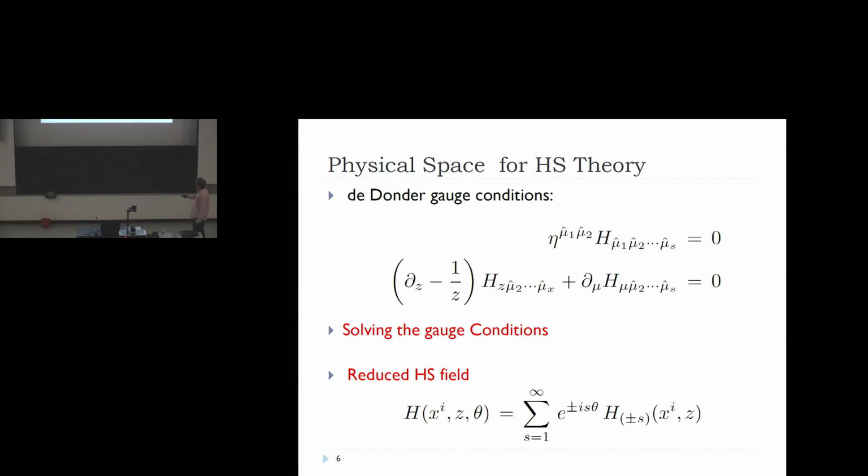For example, in d equal 3, so we always have AdS, but the index structure would be packaged into an angle, and that's basically a sum over one remaining polarization, and that is really the notion of this reduced higher spin.